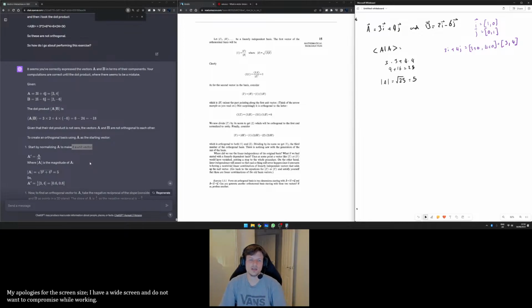We now divide by its norm to get a vector which will be orthogonal to the first and normalized to unity.